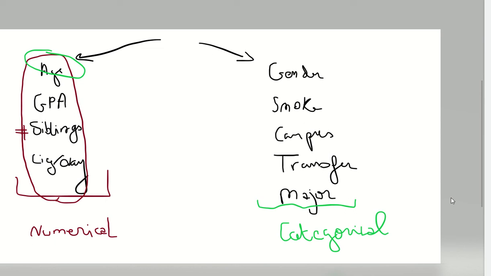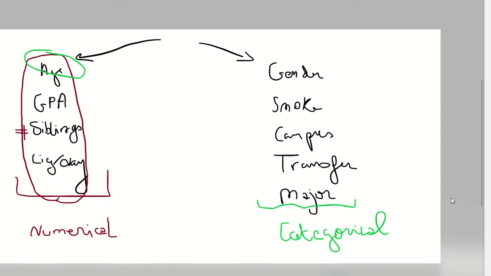Okay, so for example, if you're studying patients that have cancer, the site of the cancer is categorical. So they may have the cancer in the liver, they may have it in the lungs, they may have it in the bone. Wholly categories, no numbers. You cannot calculate the average cancer site.